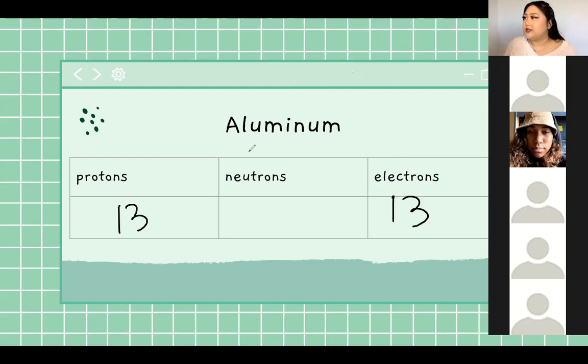And then for the neutrons, this is 27, and that's how we got the 14.